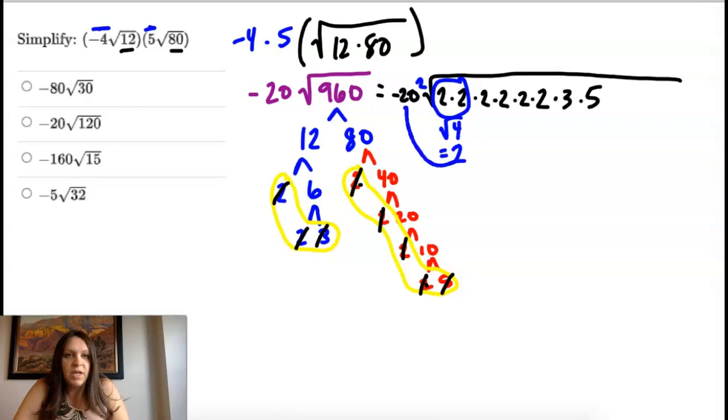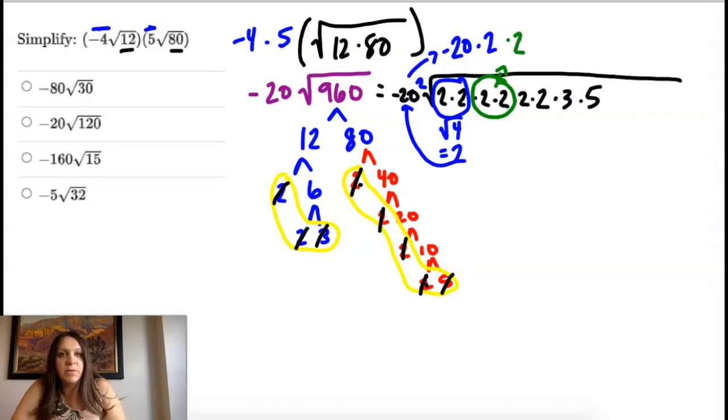So when I bring that out, I have -20 times just one 2, and I'm going to keep going. I have another pair of 2's, so that comes out as one 2, because it's really square root of 4.